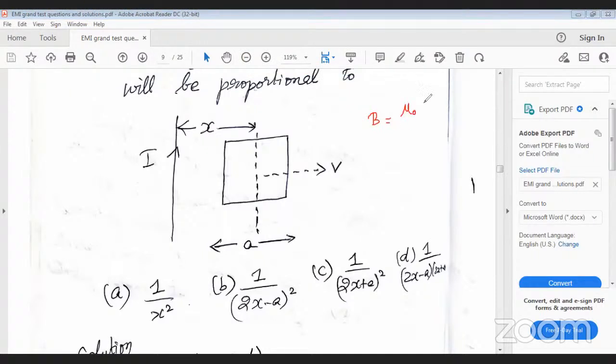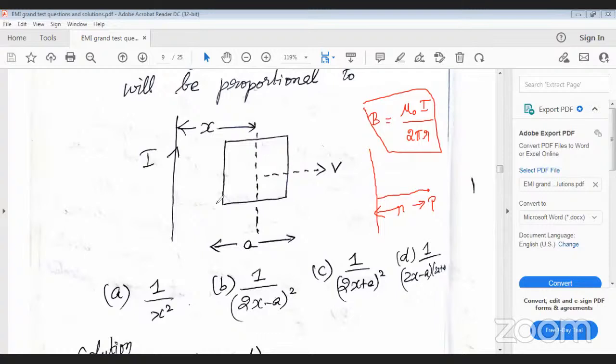That is mu naught I divided by 2 pi R. That means when you have your wire and here you have a point, and you need to find out the magnetic field at this point, this point is at a distance R from this wire. Then the value of magnetic field at this point is given by B equal to mu naught I by 2 pi R.